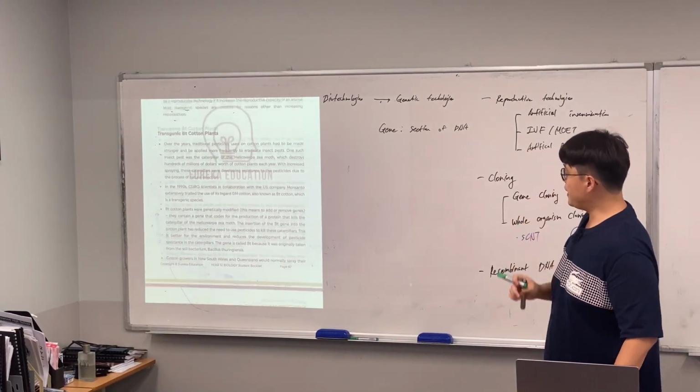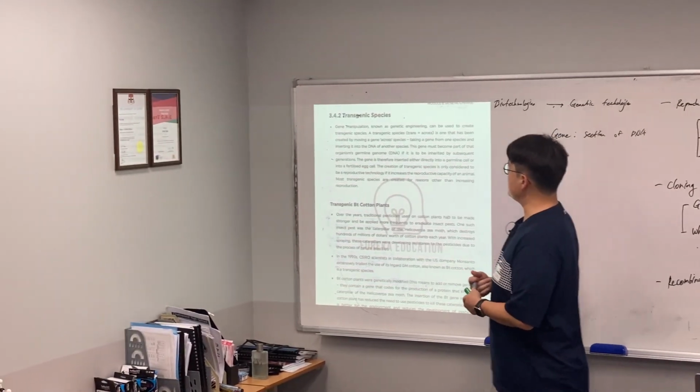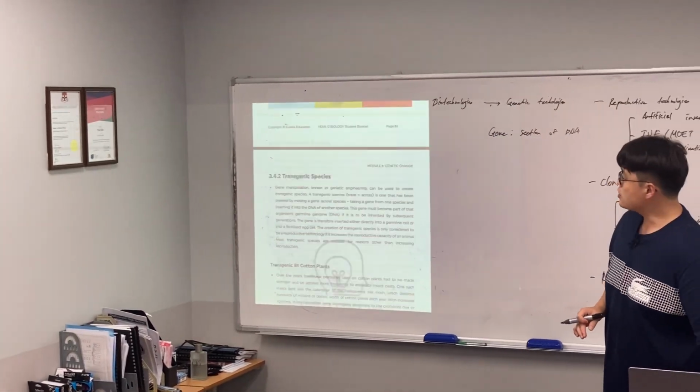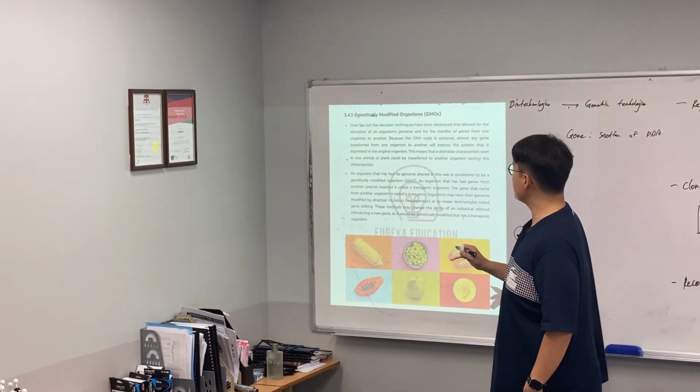Highlight the place on page 87, transgenic species. The GMO and transgenic species are somewhat different too. So GMO is defined by genetically modifying the code.